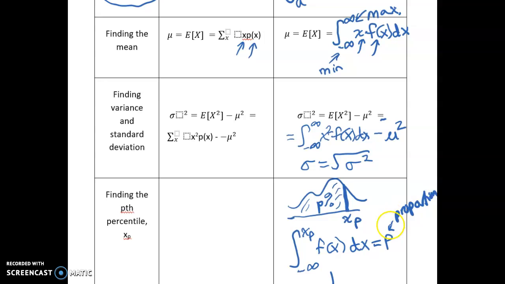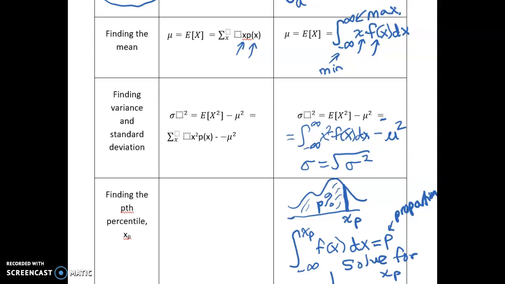You don't write 80, you would write 0.8, and solve for x sub p. So we want to know what this value is.